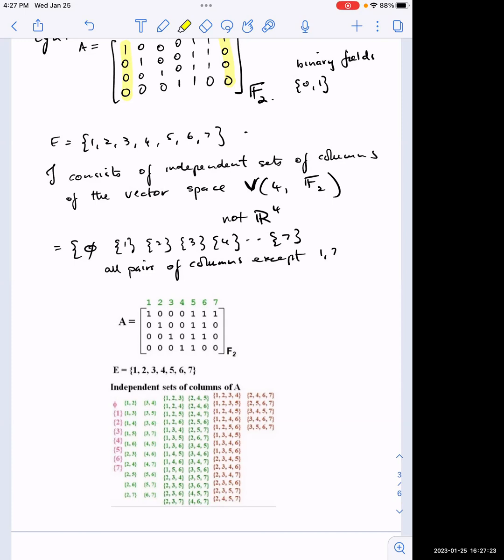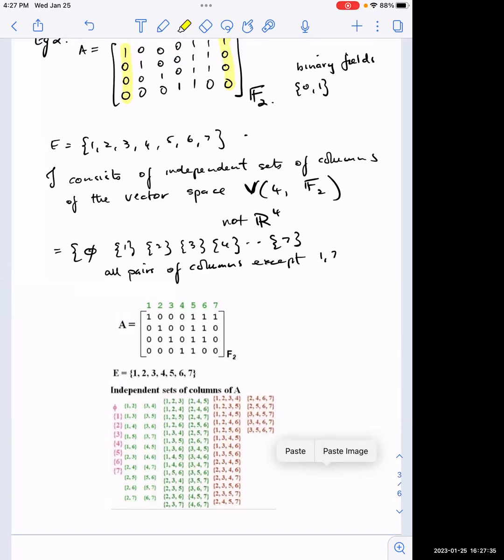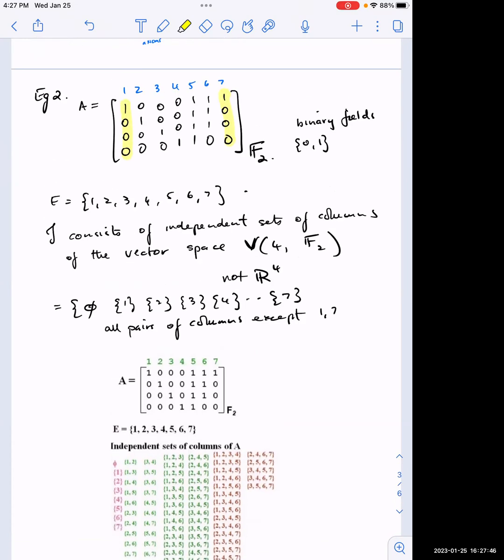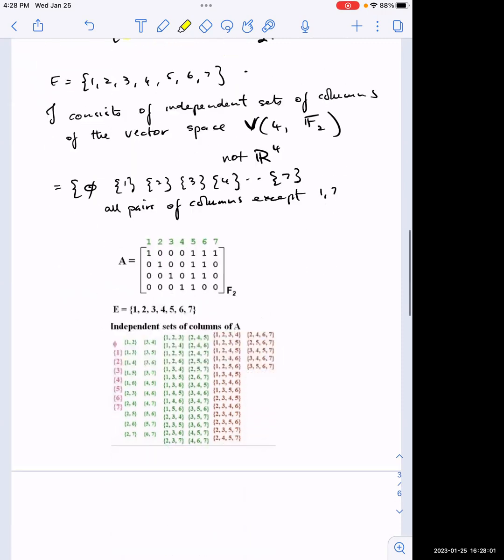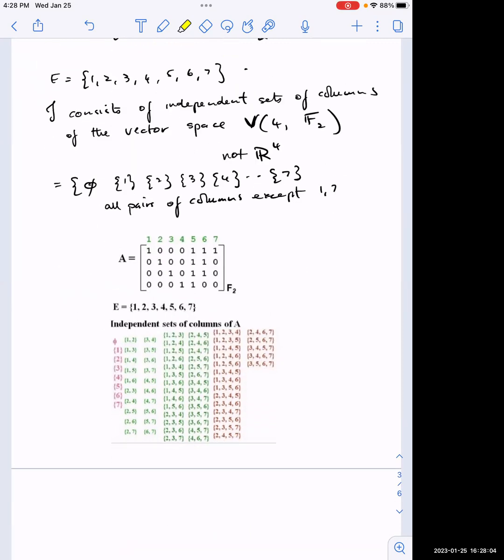So these are all the triples. We said all the pairs except 1, 7, then all the triples, and then all the 4-element subsets. And if you were just using a program to check independence, you'll see that 5-element subsets and higher won't be there. This matrix has rank 4, but then we're again jumping ahead a little bit. So let's just stay with a tedious computation of what is independent and dependent that we can just hand over to the computer and say, okay, the computer told us these are all the independent sets.